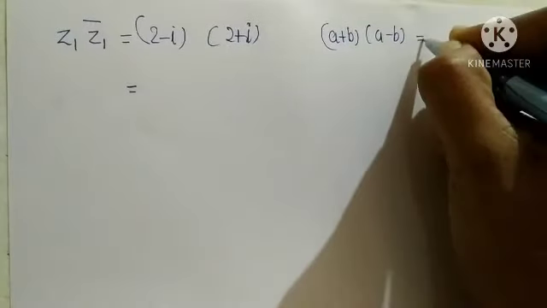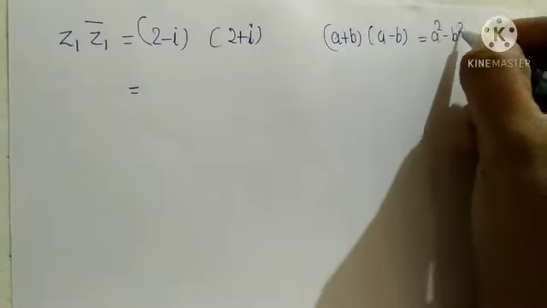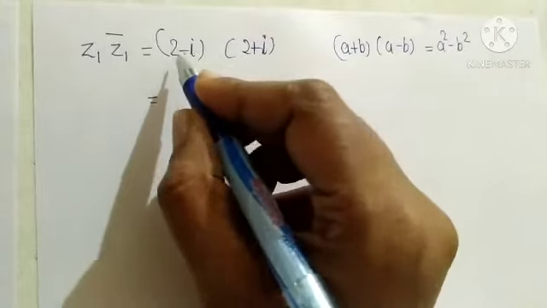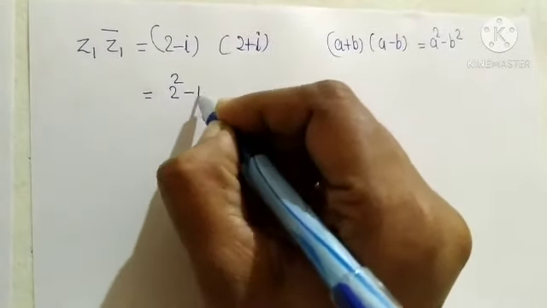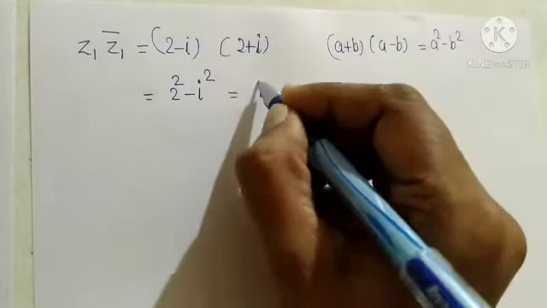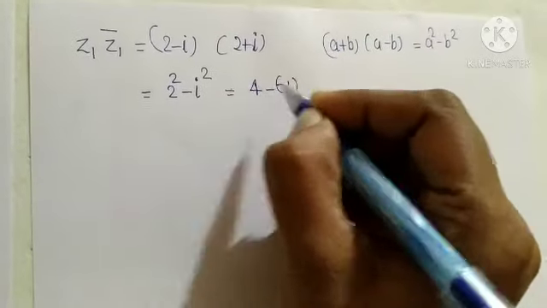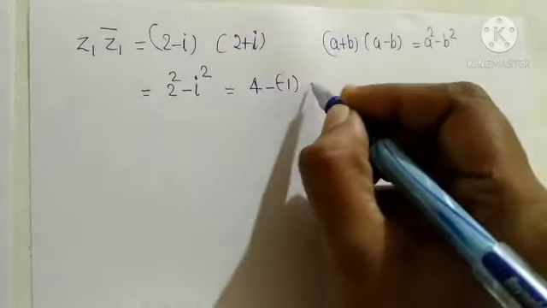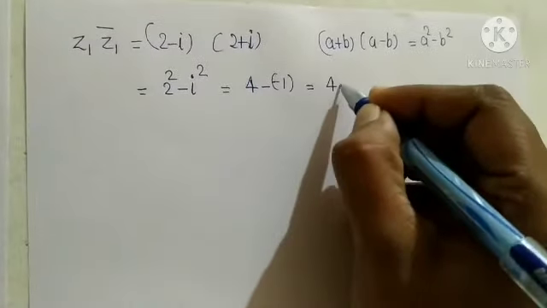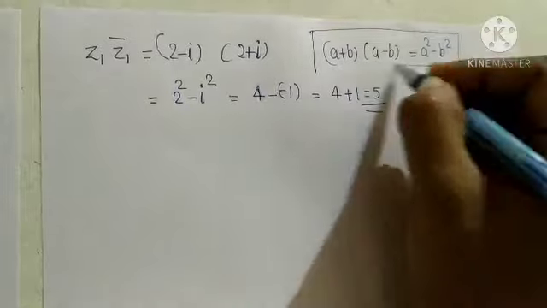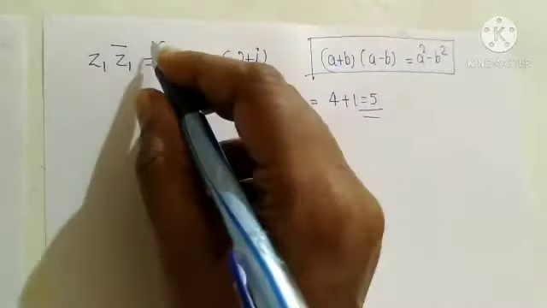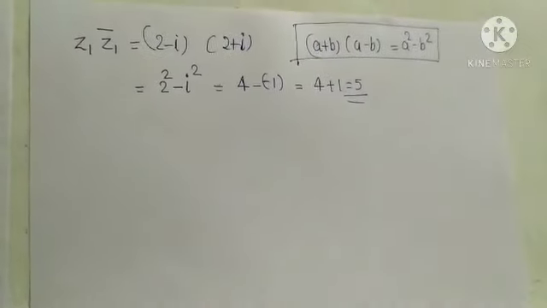So this will be equal to a square minus b square. So replacing this a by 2 and b by i, it will become 2 square minus i square equal to 4 minus of minus 1. Value of i square is minus 1, or equal to 4 plus 1 equal to 5. The value of z1 into z1 bar is equal to 5.